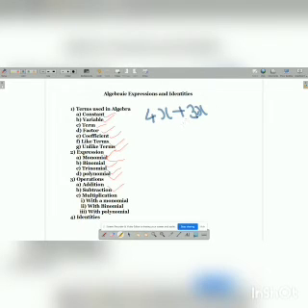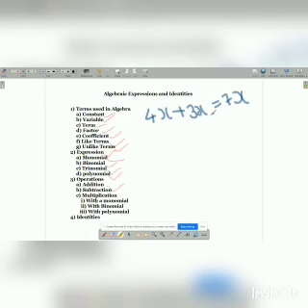So, what is 4x plus 3x? 4 plus 3 is 7, and what is the literal there? X. The value is 7x. This is adding a monomial to a monomial. In addition, you have two types. One is the horizontal method and the other is the vertical method.